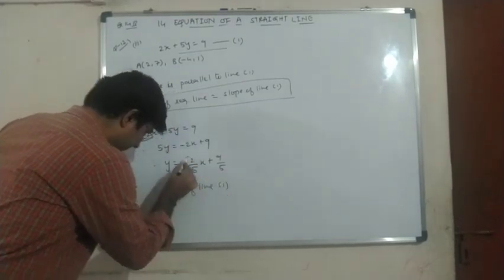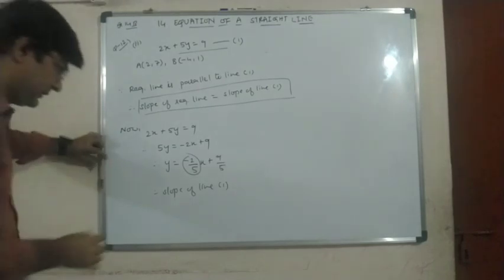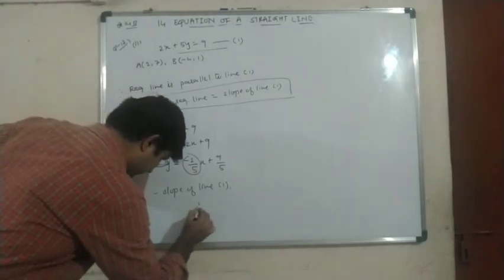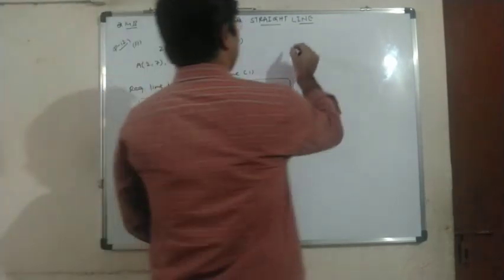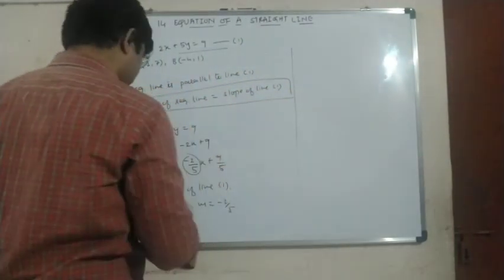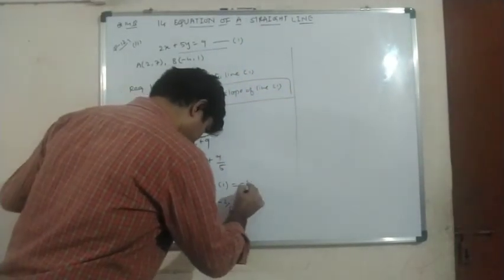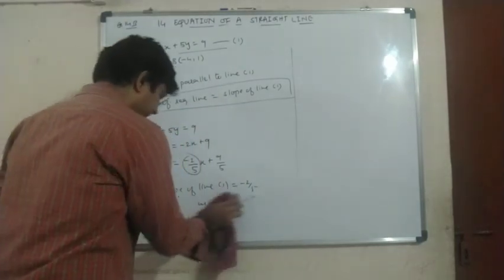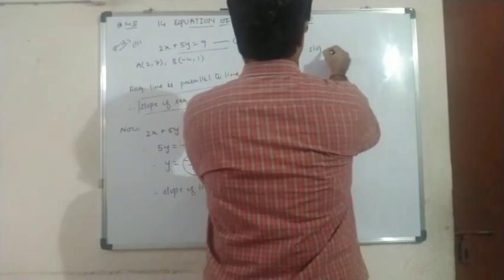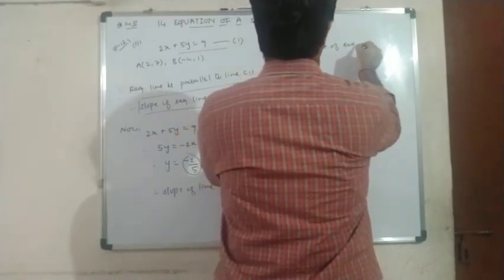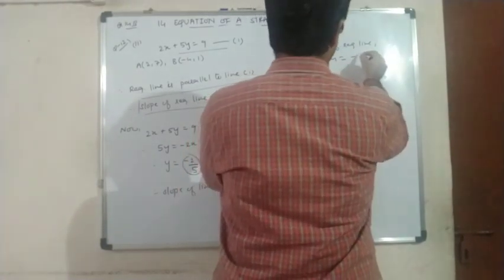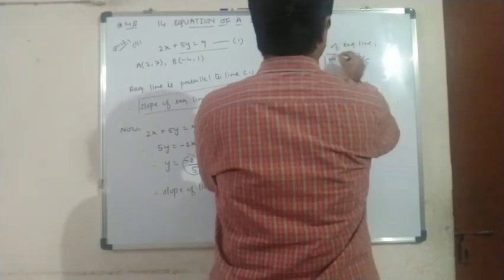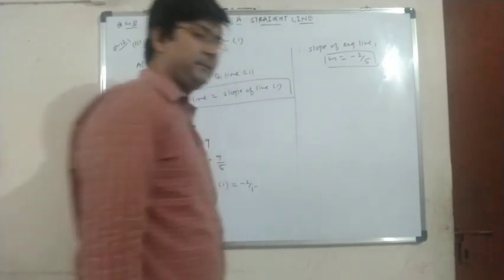What is the slope of line 1? That is the coefficient of x. Yes or no? m = -2/5, so the slope of line 1 is -2/5. Therefore the slope of the required line, denoted by m, will be the same, equal to -2/5. Clear? So we got the value of slope m.